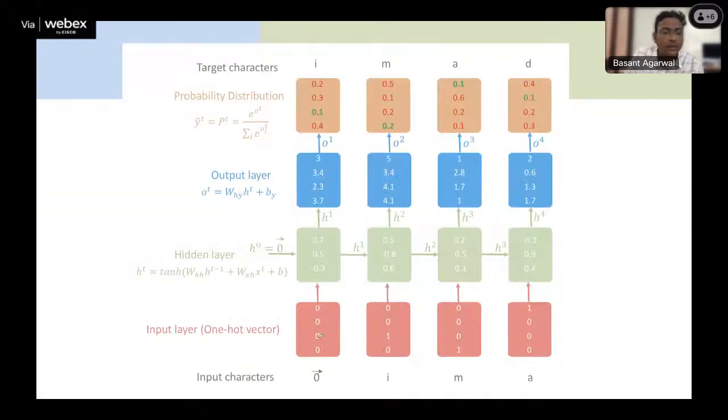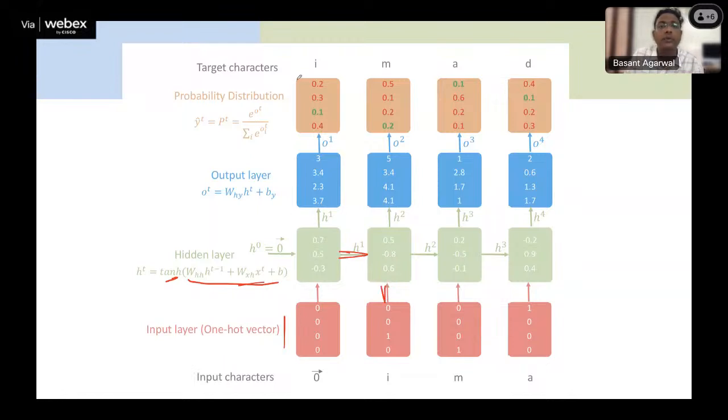This is another representation for the character prediction. I'm sure now it is very clear that this is the input layer, then the hidden layer. Here we have taken, let's say, tanh as an activation function, and WHH is the weight matrix for the hidden to hidden connections, and this is the weight matrix for the connections from the input layer, and then the bias.